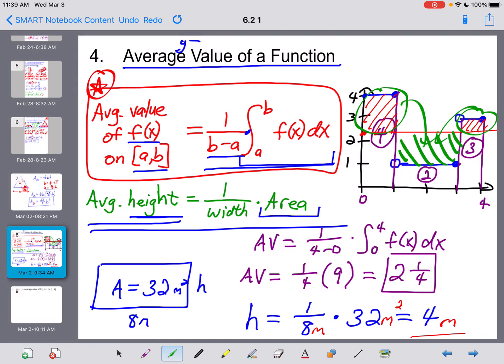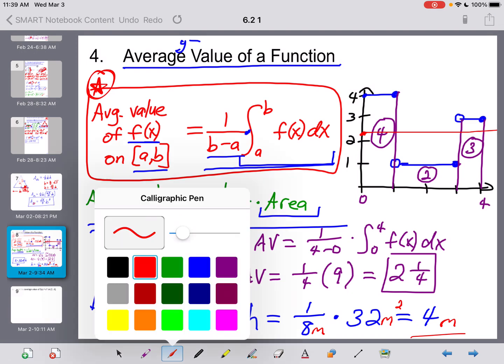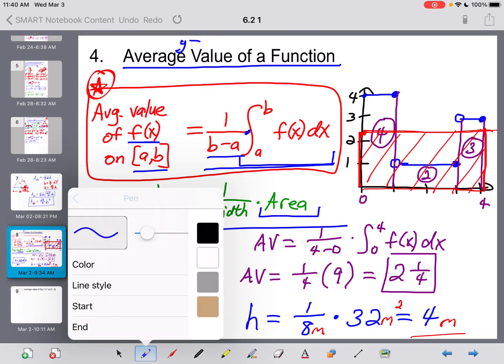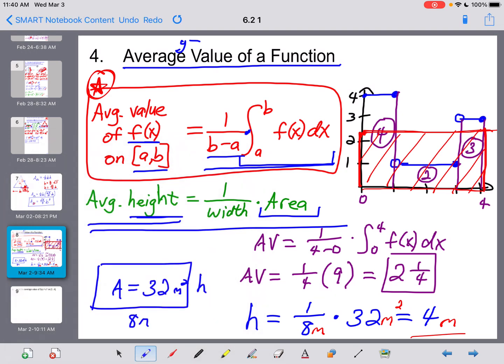Another way to look at it, and this is maybe easier than what I just said before: let me go back to red here. If we were to think about a rectangle that had the same width as this original graph from 0 to 4, but only had a height now of 2 1/4, this red rectangle that I have just drawn, that red rectangle has the exact same area as the original function that I'm shading now in blue.